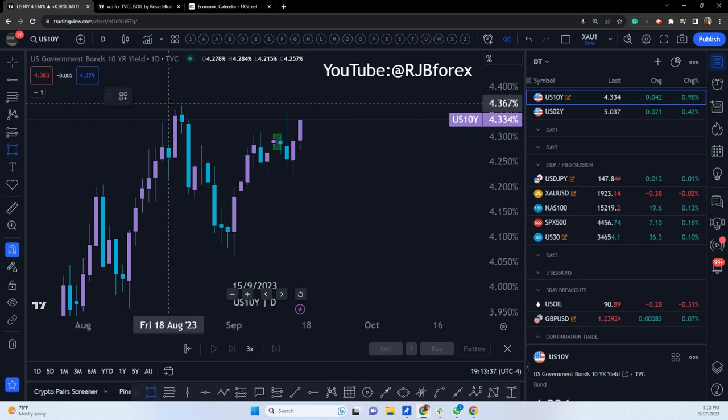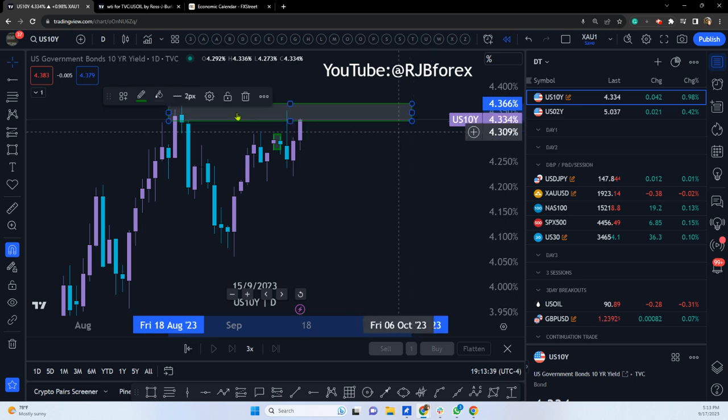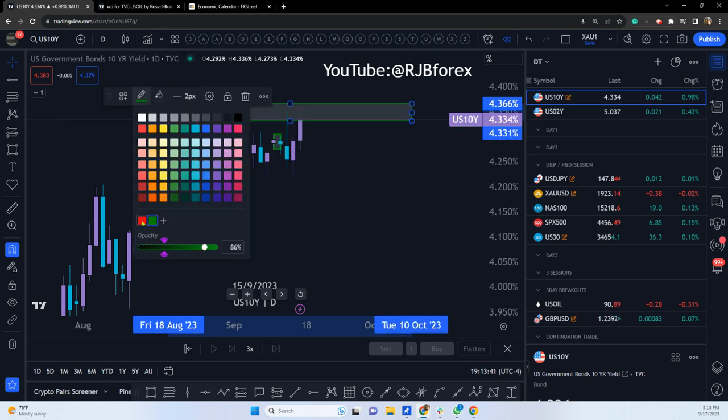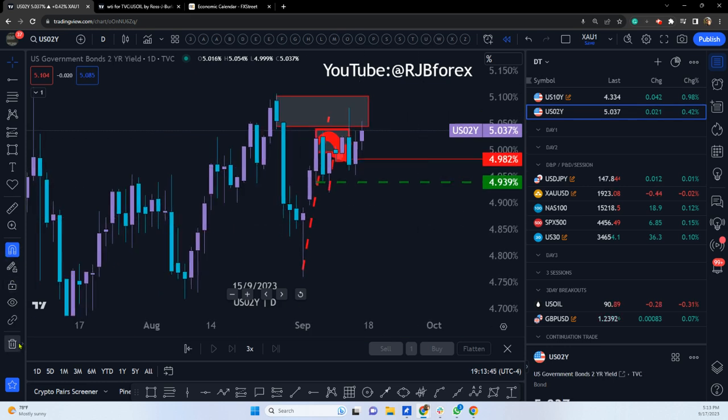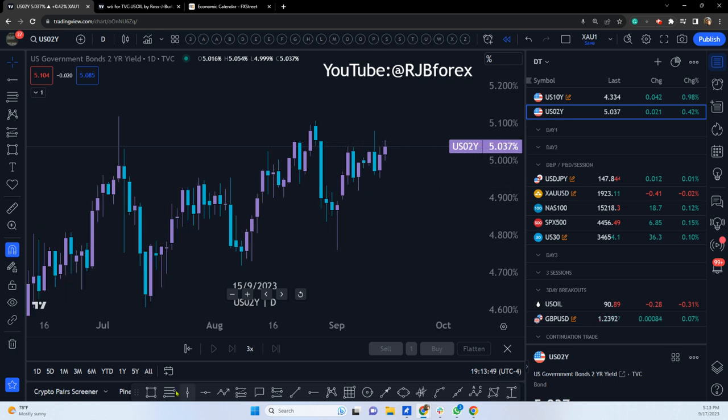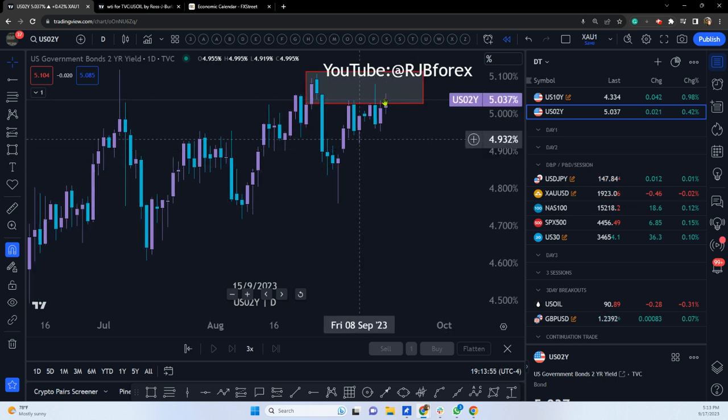So prospects of some weakness coming through, which would fuel the downside in the US dollar. Same scenario for the twos. Downside potential, weakness in the dollar.